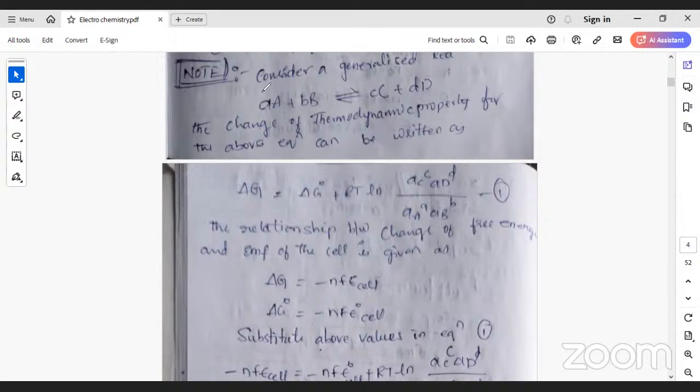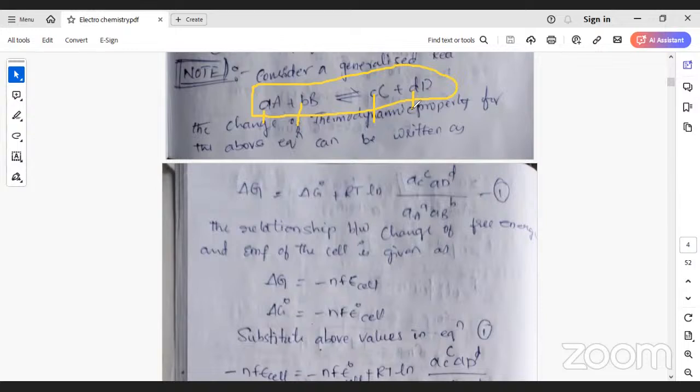The general equation is aA plus bB equals cC plus dD. The small a, b, c, and d are the number of moles of reactants and products.